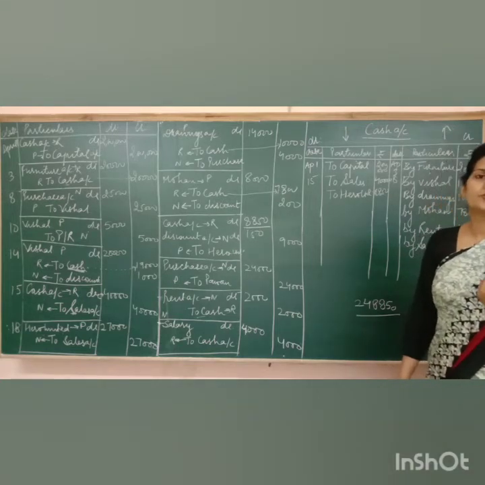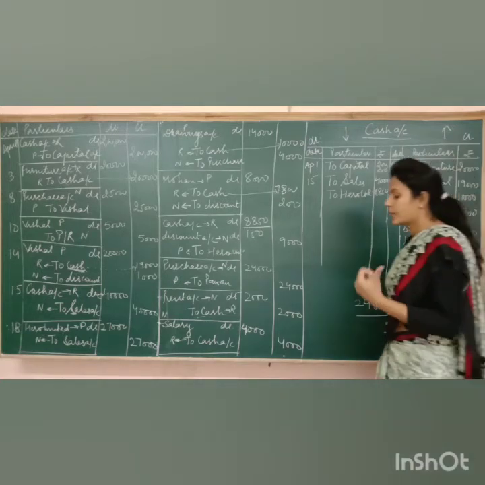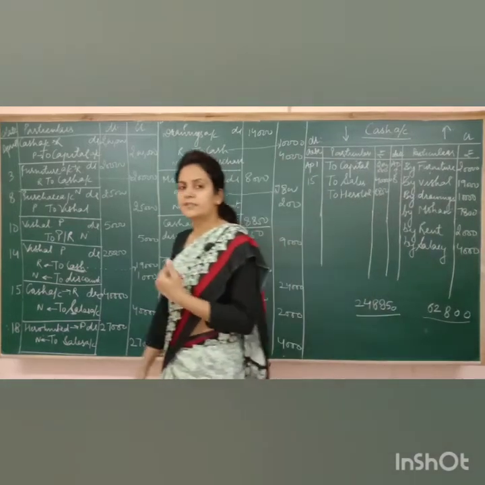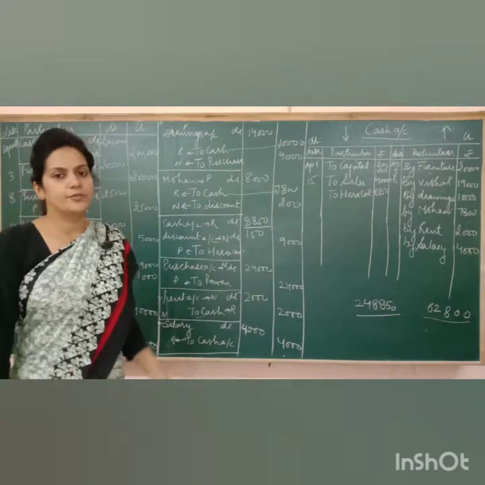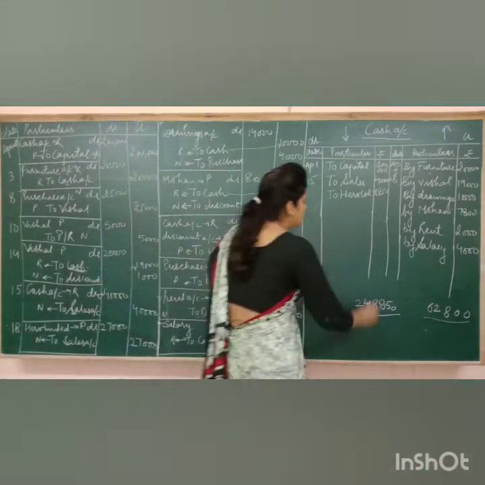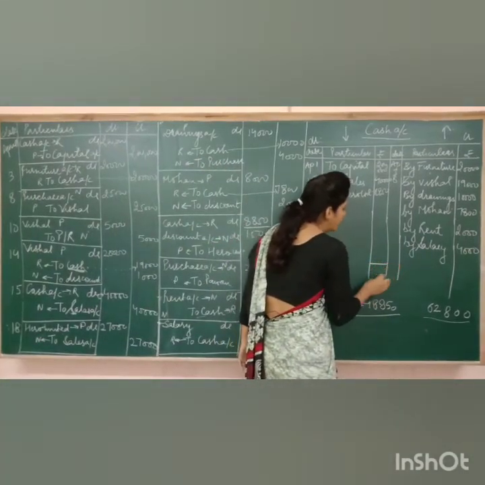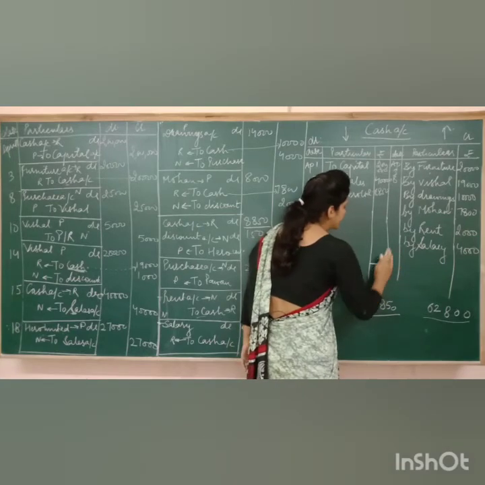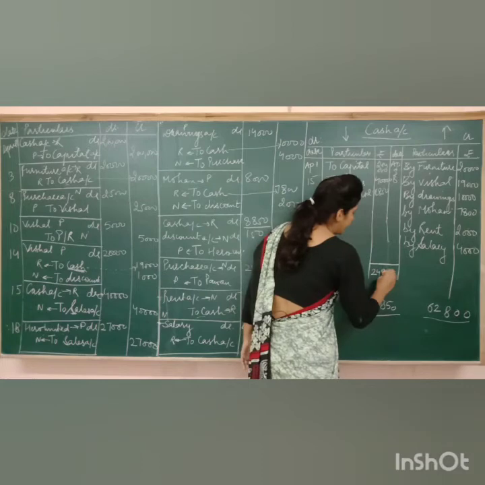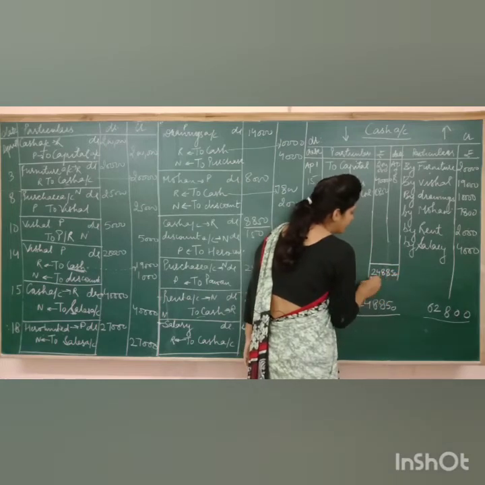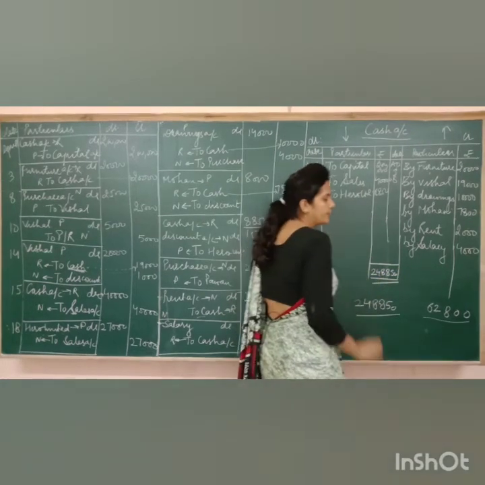Now what we have to do? We have to total them. Check on the board which side is greater. It's crystal clear, debit side is greater. Fine. Then write the total of debit side on both the sides. Write the total here. It's 248,850. Put a double line.